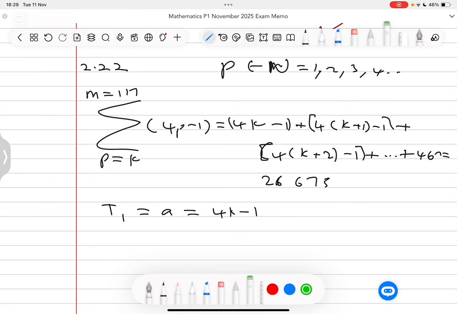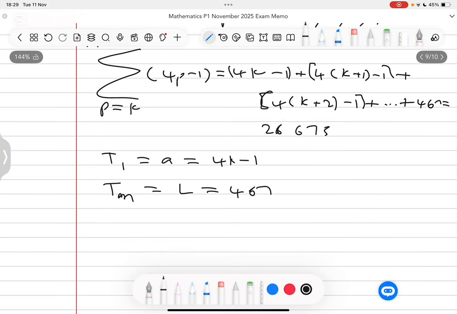Remember, I said it's a finite series. It ends at this term where the number of terms is 117. So this means that TM, because I said this is M, is going to be the last term and is given by 467. We know that this is 467 because we can put that in here to quantify that.